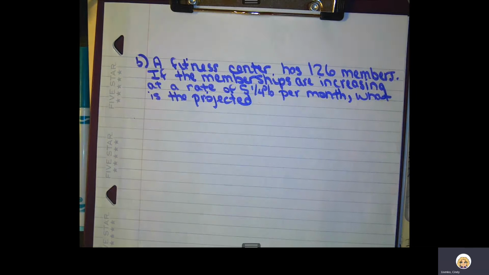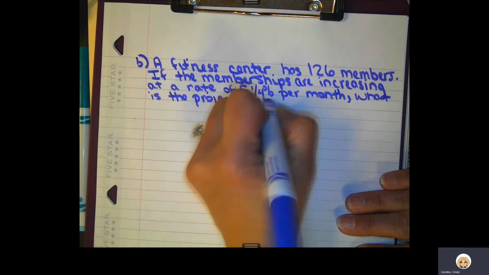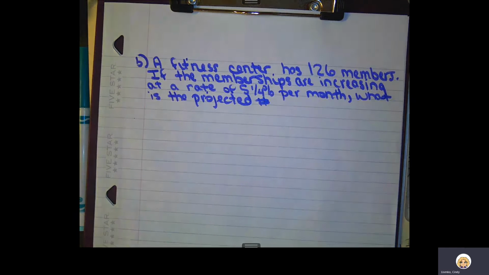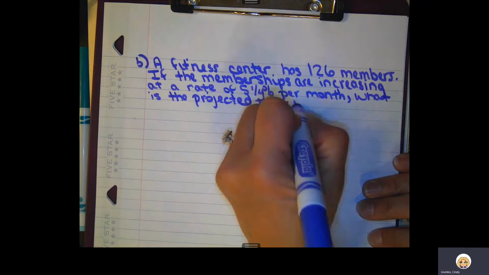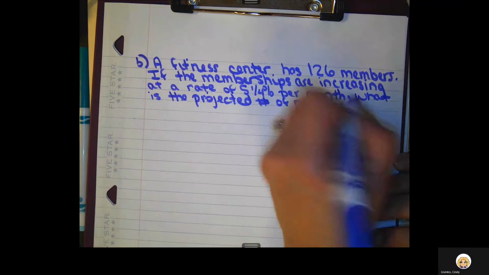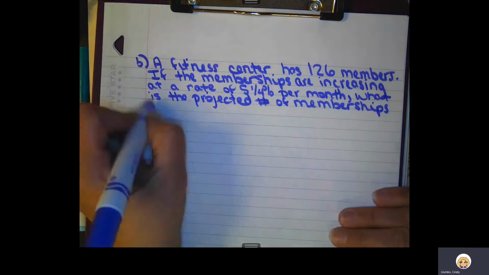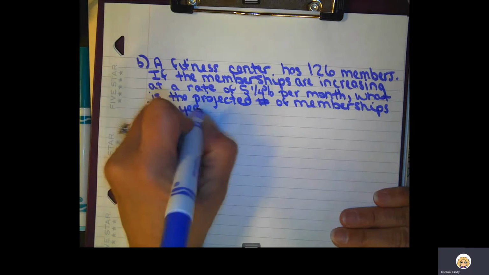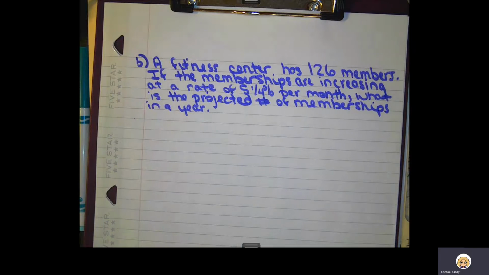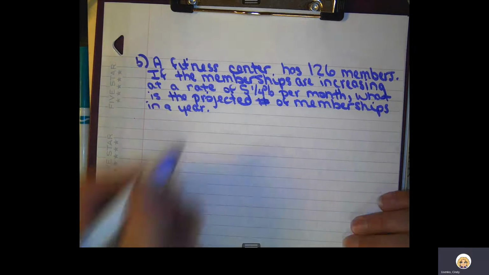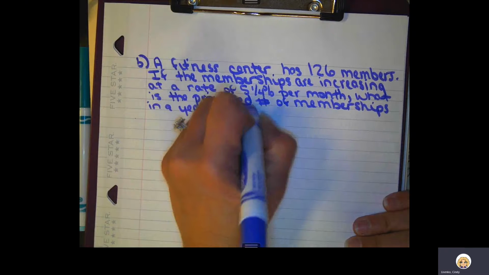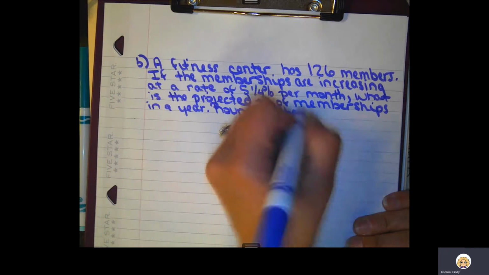That means the future number. The projected number, I'll use the number symbol, of memberships in a year. One more sentence. Round to the nearest whole number.